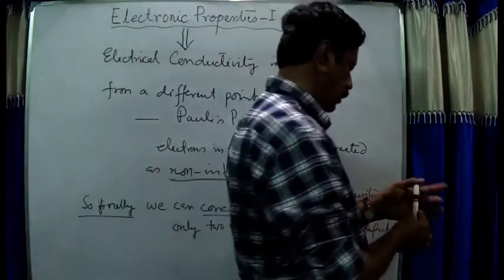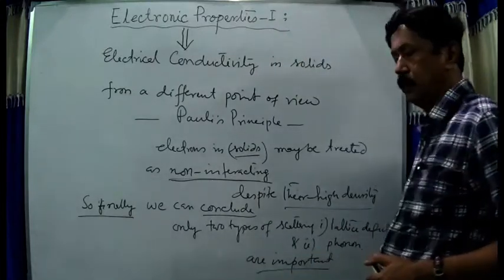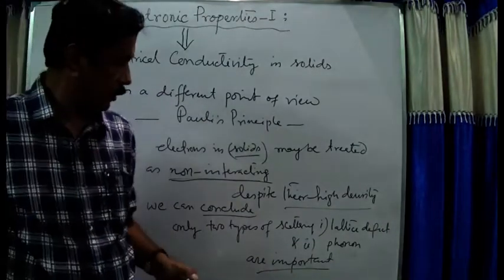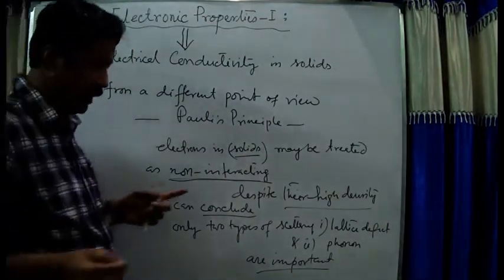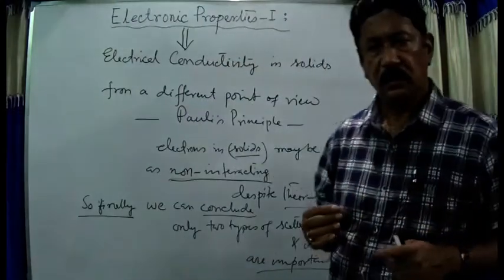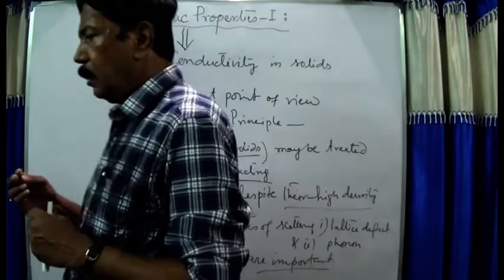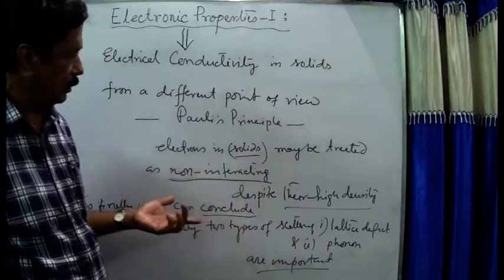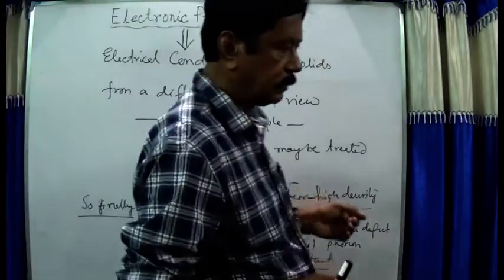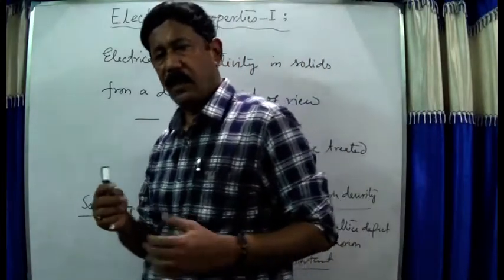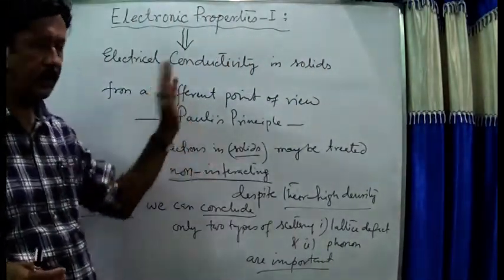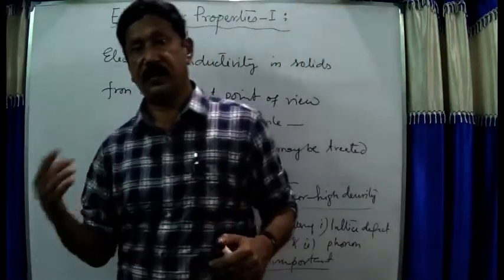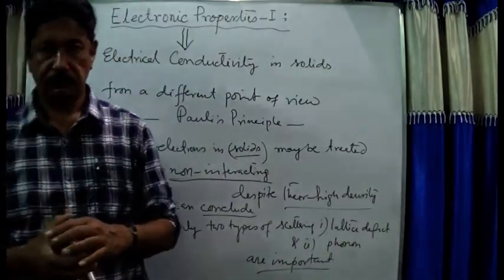As regards the electrical conductivity of metals or solids, we have just highlighted the basic points on the types of scattering centers. Depending upon this knowledge, we shall now pass over to our next important task, the derivation of the Boltzmann equation.